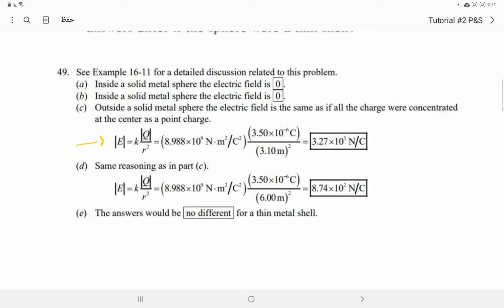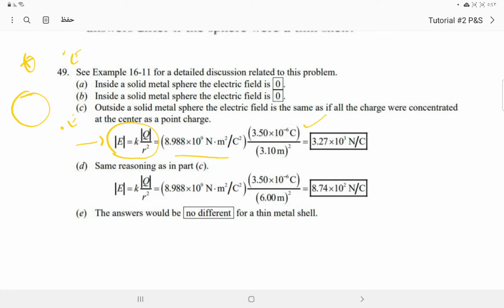We said last time, if this is a conducting material, a sphere, then outside here it is as if it's a point charge, and we are looking for the electric field outside, the same thing. So we treat that metal sphere like a point charge, so the electric field will be the same equation. Okay, we know this is constant.